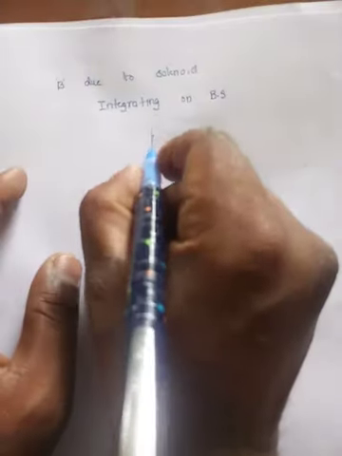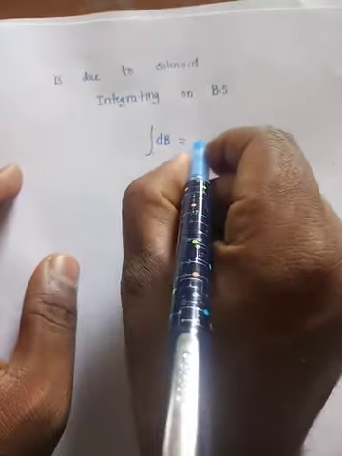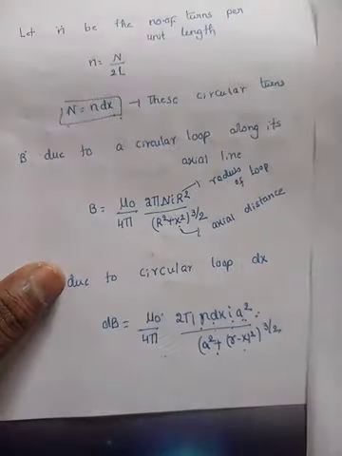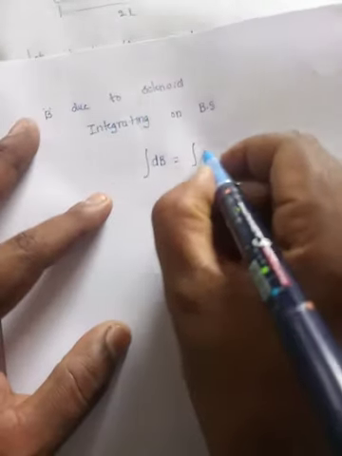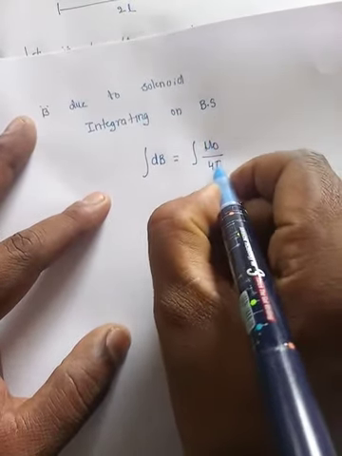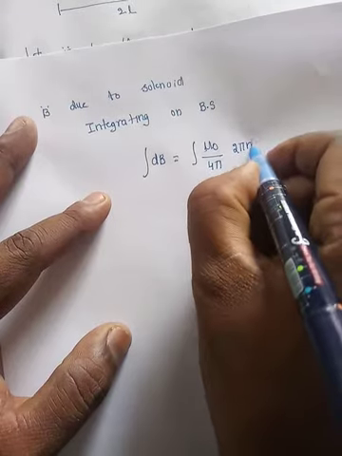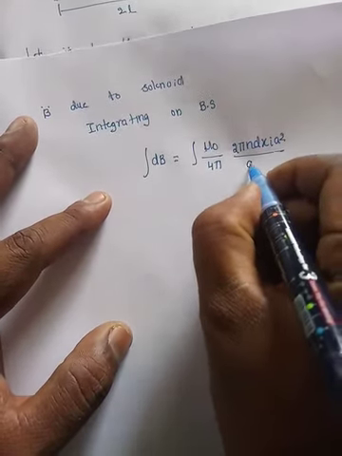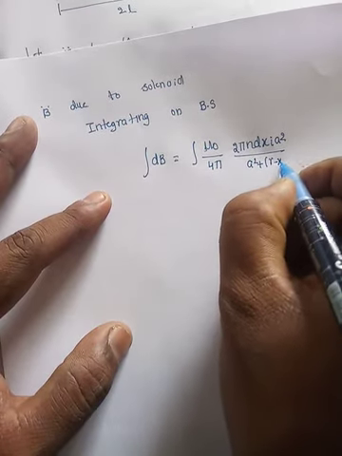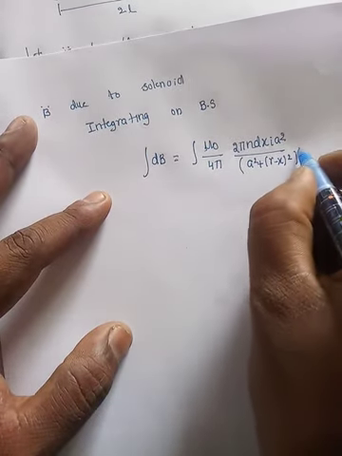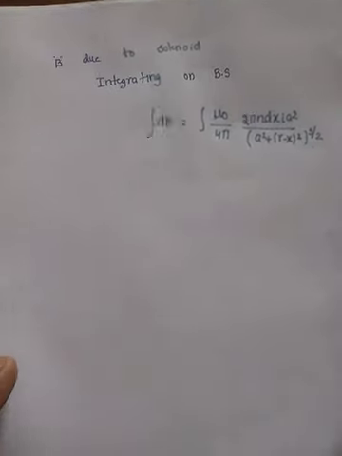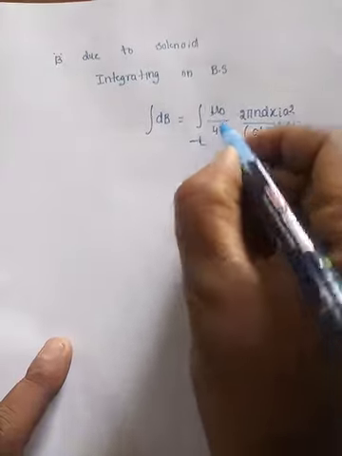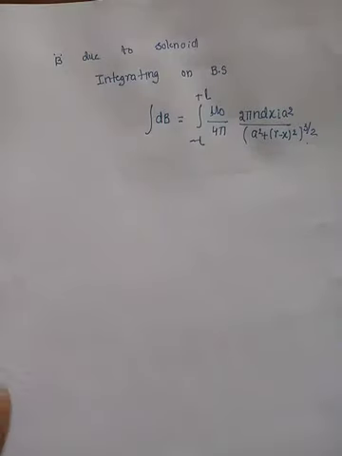So integration of dB is equal to integration of the same formula: mu naught by 4 pi, 2 pi n dx I a square by a square plus r minus x whole square whole power 3 by 2. The limits extend from minus L to plus L.